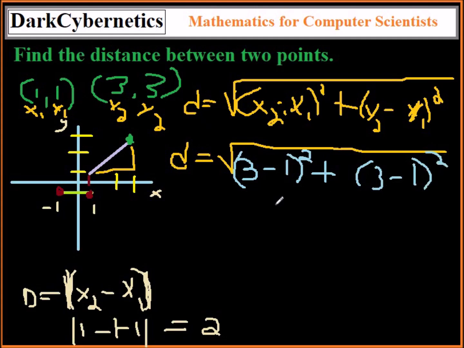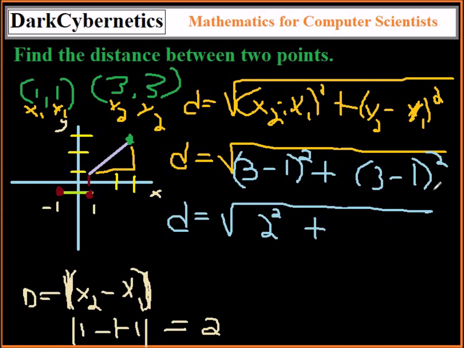And we square it. Looking at doing the order of operations, PEMDAS, this would be 2 squared plus this number again here, 2 squared. Of course we do the exponent portion first, and then we add the sums together.